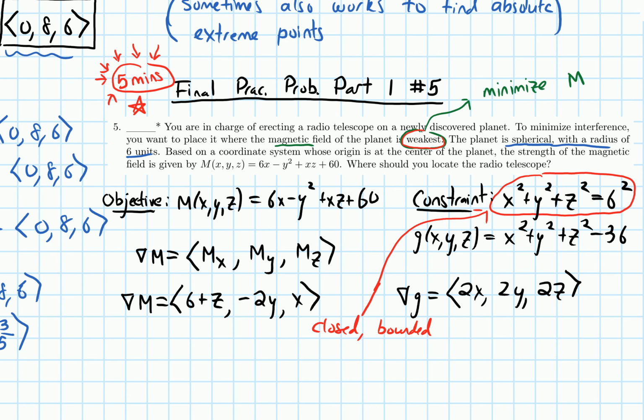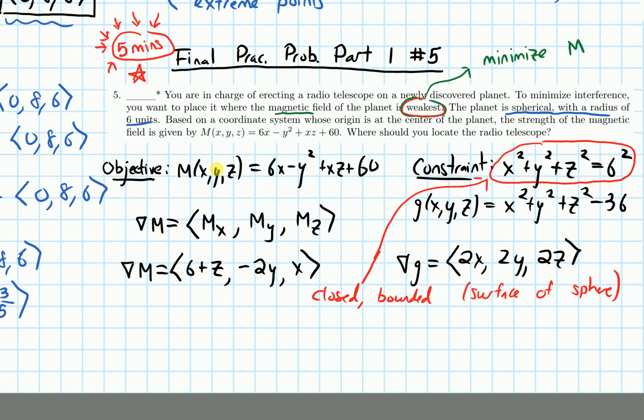It's a closed bounded region because it's a surface of a sphere. So we're trying to minimize this function over a closed bounded region. So this should have an absolute max and min.